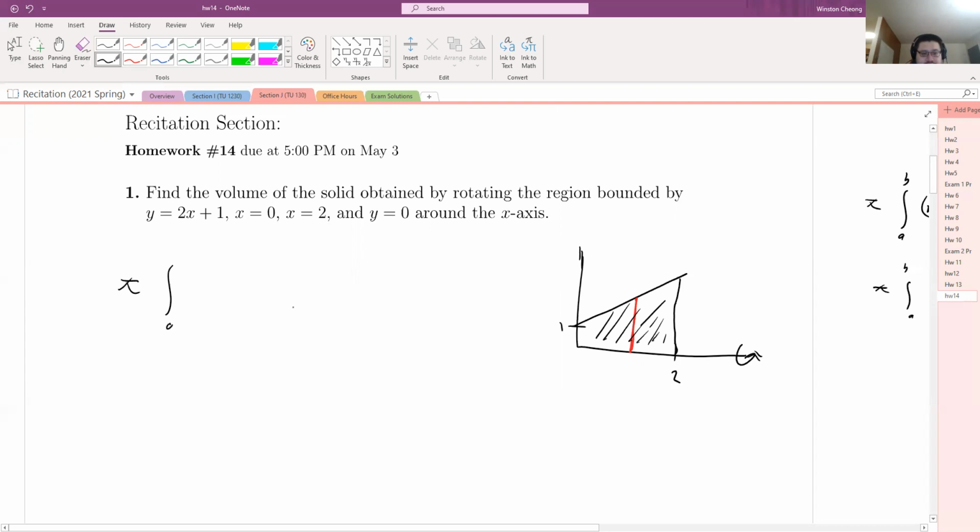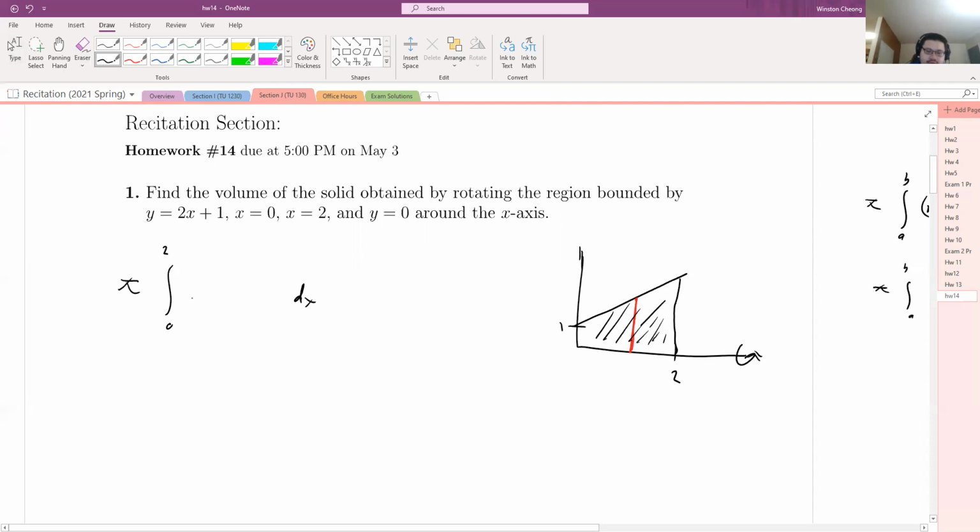Our integral is going to be with respect to x, and it's going to go from 0 to 2. You can think of this visually as this red segment being swept over the region, from the left all the way to the right. That's what the integral is actually doing, summing up a bunch of disks.